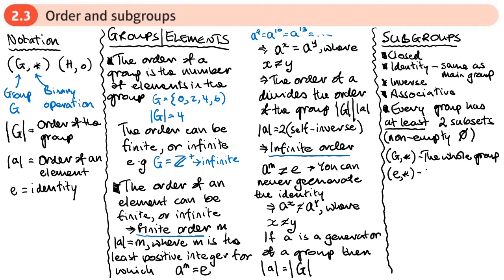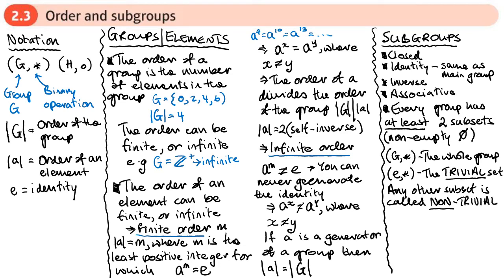We call this the trivial set, and quite often you're asked about the non-trivial sets, and that's every other subset. Any other subset is called non-trivial. And actually some of these subsets are going to form subgroups.